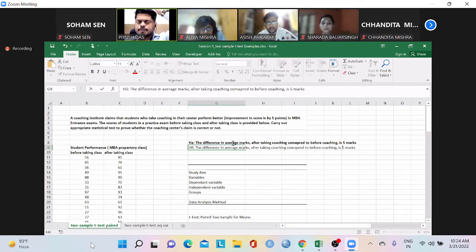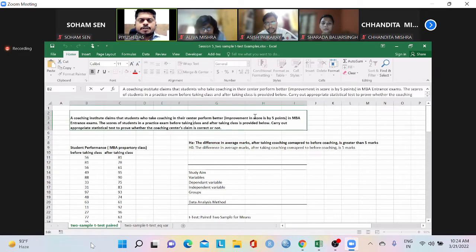Exactly. So here you have to write greater than. Improvement by 5 marks. You can write it as greater than 5 also, or you can say not equal to 5 also. Greater than. So let me go through the simpler version. Greater than 5 marks. Here also let me just change that: improvement in score is by more than 5 marks.